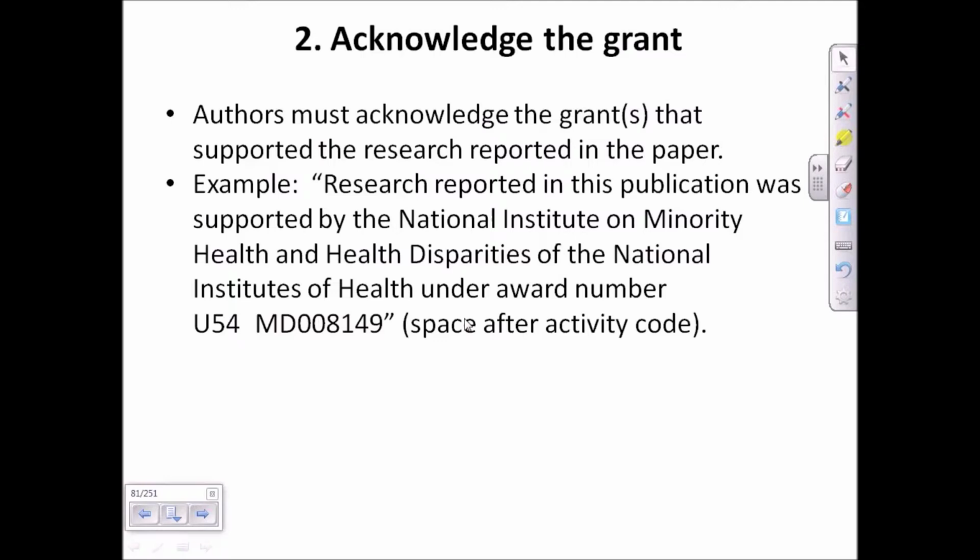Well, there are computers that crawl through all the data and look for these numbers, and when they find a number that looks like it's a grant number, they automatically harvest that number and put it into the database. And so one of the things that helps the computers to know that it's a grant number is the activity code followed by a space followed by the rest of the grant number.